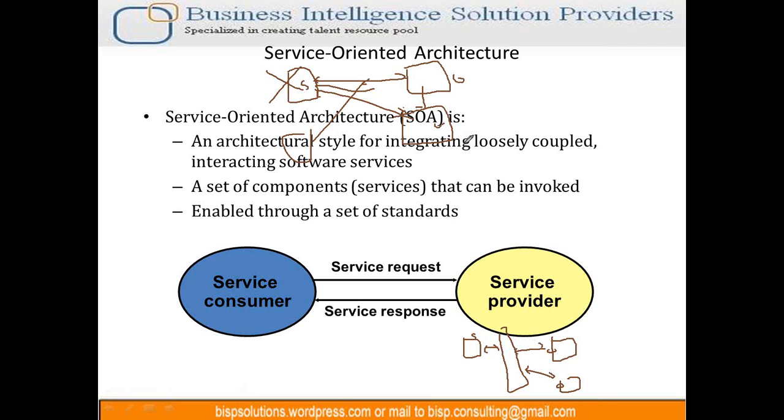So what does it mean? Like, I have a Siebel system. I'm just taking Siebel as an example because it is very widely used. It has to send the orders data to two places. One is SAP, another is Oracle apps. This is called routing.